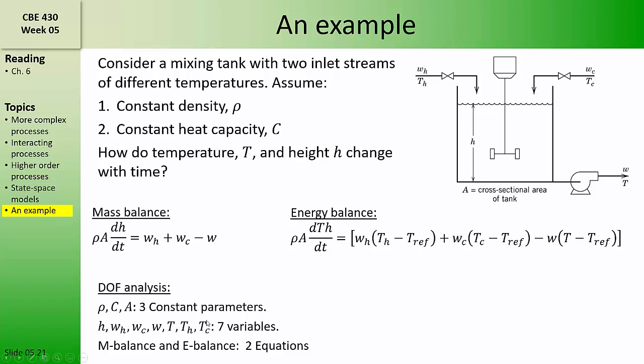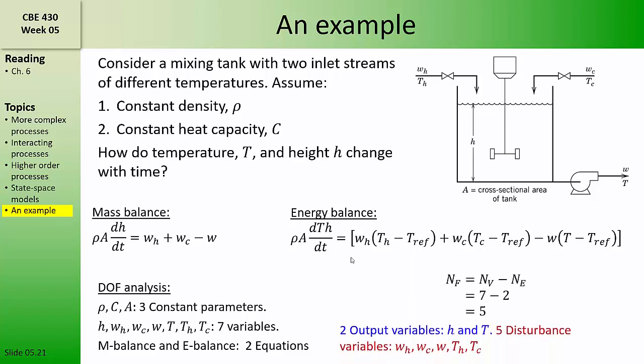Of course, we have two equations, the material balance and the energy balance, so our number of degrees of freedom is 5. Since there are two equations, we can have two output variables. We'll choose h and T, and for now we'll label the remaining 5 variables as disturbance variables. We'll assume that none of these are manipulated variables.